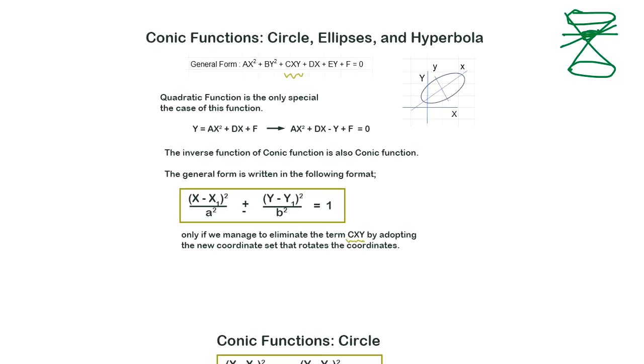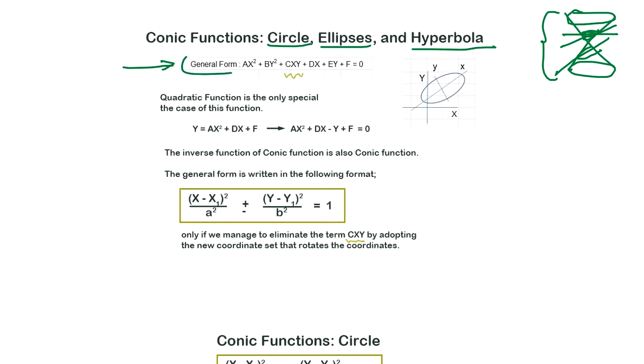If you slice this way, this cross section will be a hyperbola, right? So the conics are bundled into a single group as the same family of function. The reason is they come from a single type of equation.